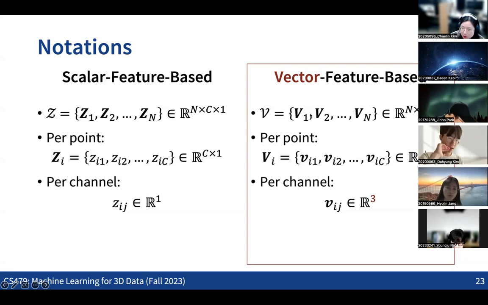But now we are transforming this into the vector feature-based system, which has V as the data for the entire point cloud. And for each point, we have a list of three-dimensional vectors. So for each point and channel, we have a three-dimensional vector.